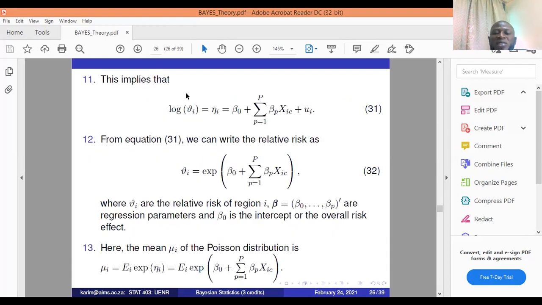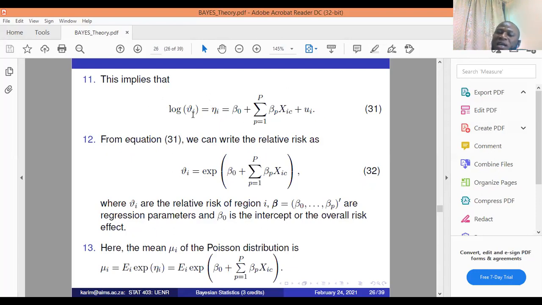So what that means is that our log of the relative risk equals what we have here.